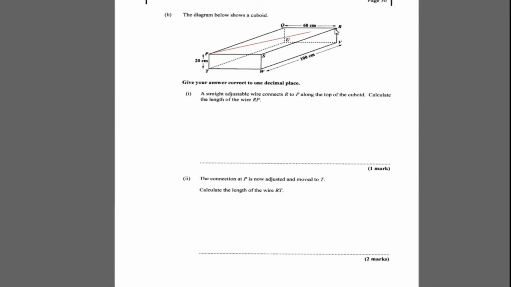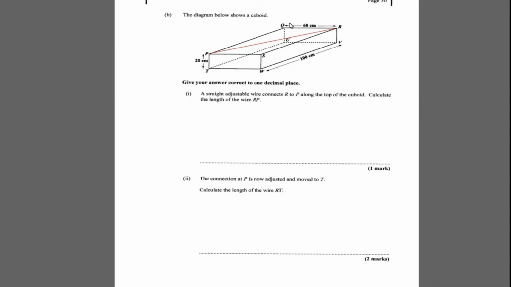This would be the length of the wire if you hold it out straight. If you just hold out the wire straight, the straight distance from R to P will give you the correct length.